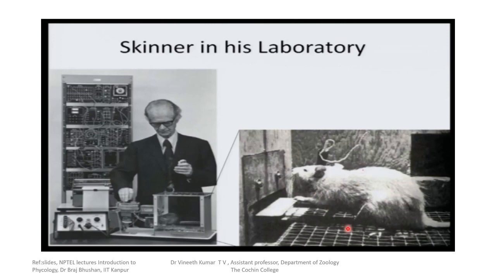So in the Skinner box, what Skinner did was that you can see a mesh in the floor, and this mesh is electrified. Whenever the rat is put inside, the current will be switched on, and that will inflict pain in the rat.